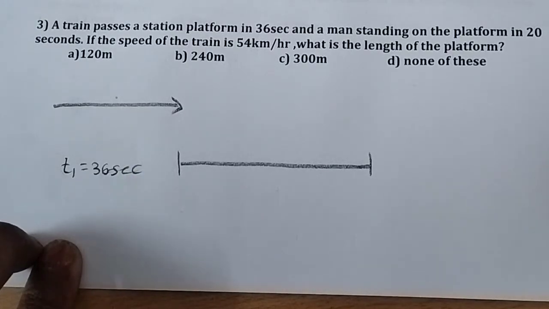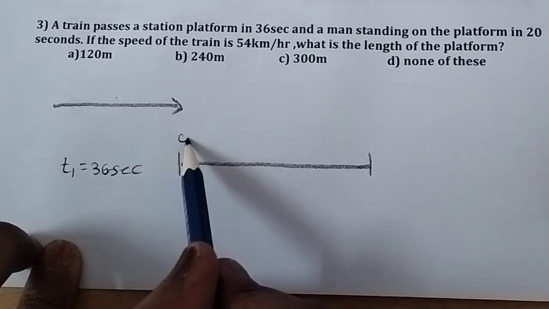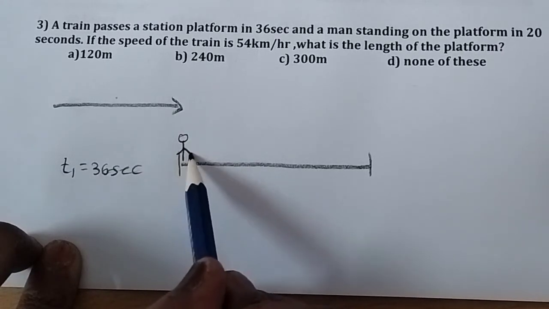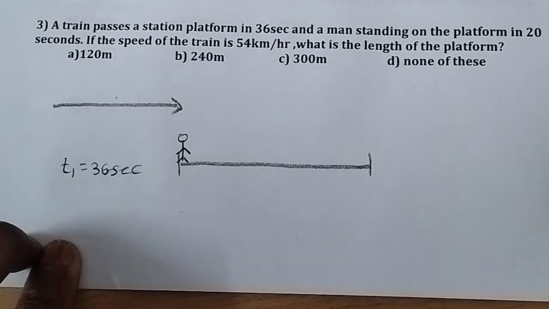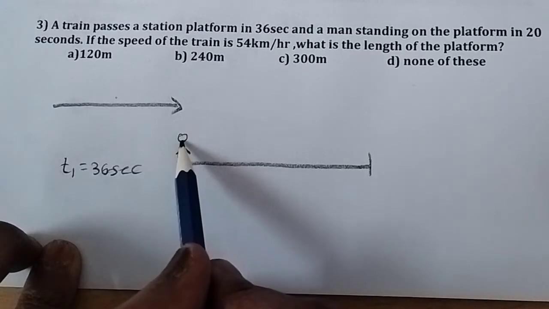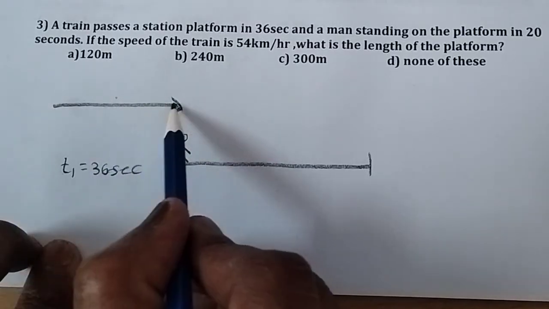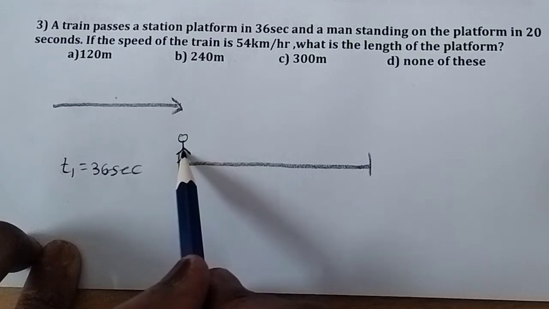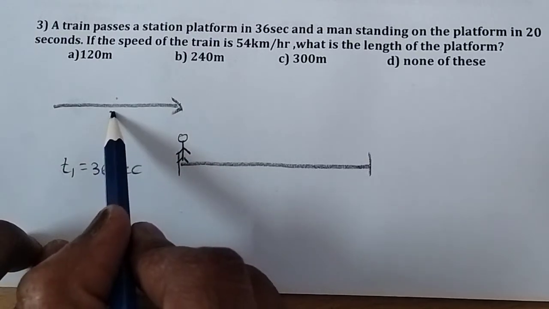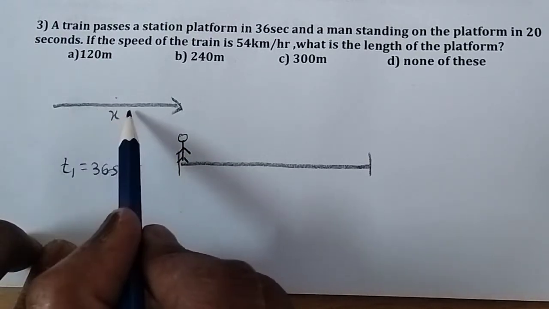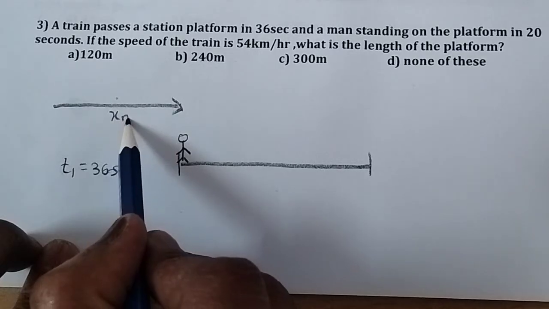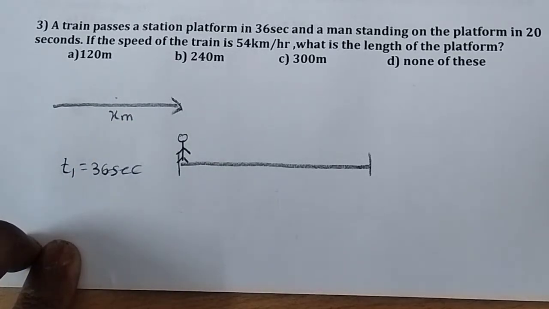Okay, there is a person on the platform, so I am going to take that person is here, at the very start of the platform, for convenience, just adjacent to the front part of the engine. This entire train passes this person, so what is the distance traveled in this case? The length of the train only, that I am taking as some x meters.